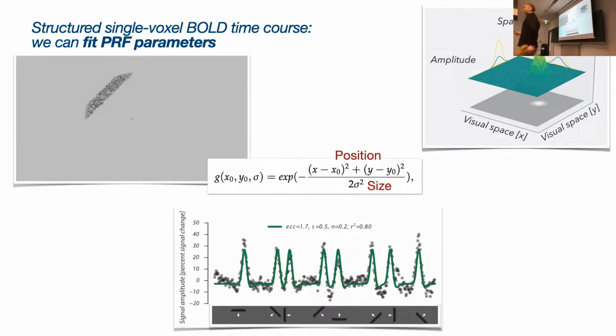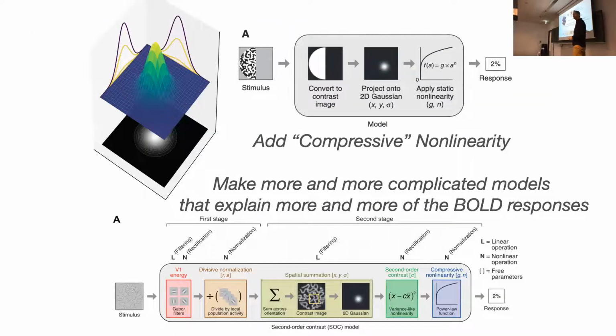So, we can now focus on the single voxel time course, and we can relate that to the information processing that is happening by the neurons inside this voxel, right? And we can make this more complicated still. I understand that this might already feel like a complicated model. People make more complicated models, right?